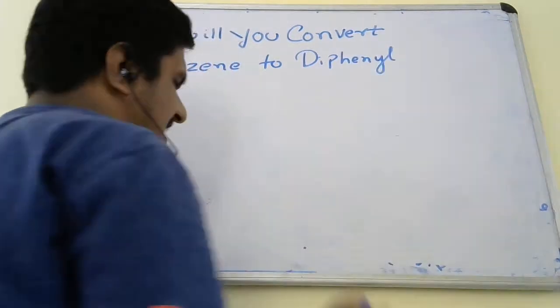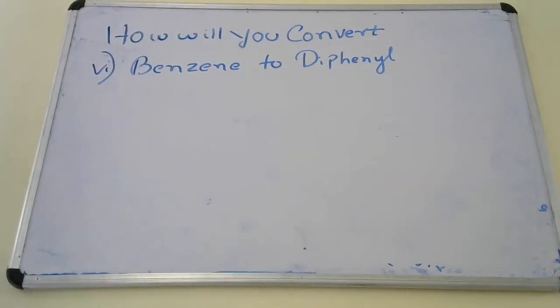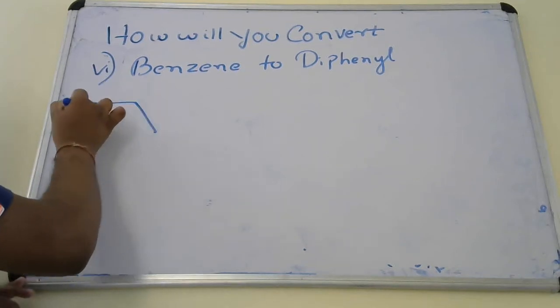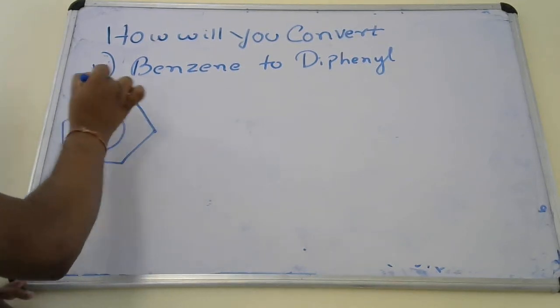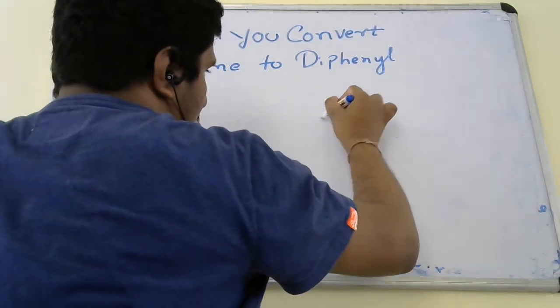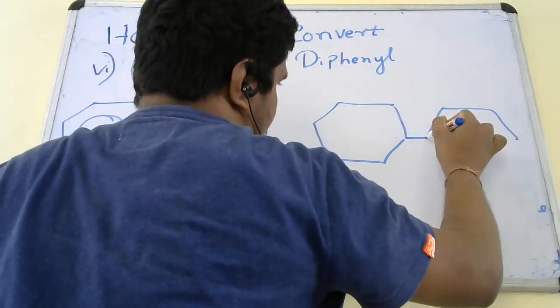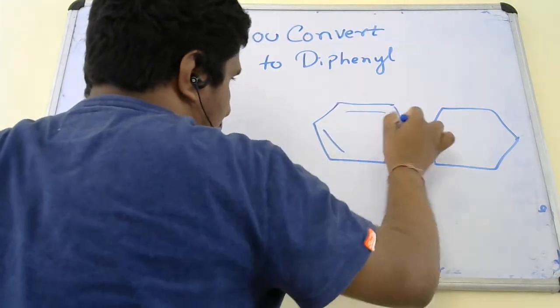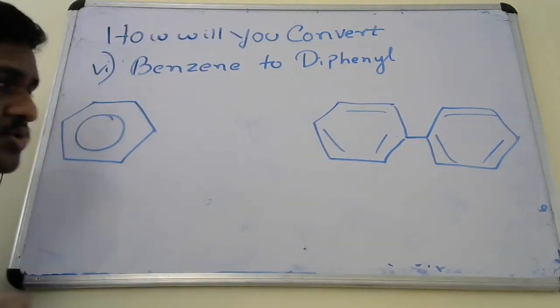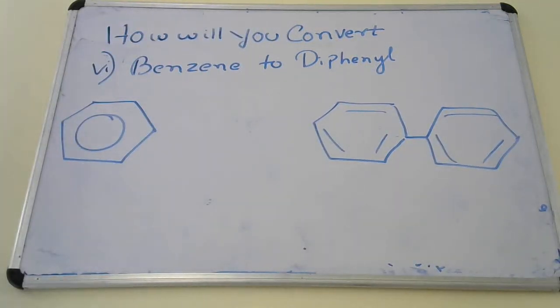Sometimes we call it diphenyl, sometimes biphenyl. So the starting compound is benzene. Diphenyl means two benzene rings linked with each other. You have to convert benzene to diphenyl.